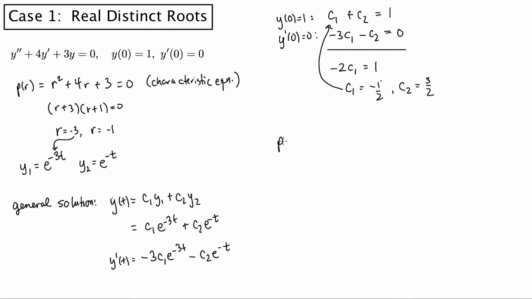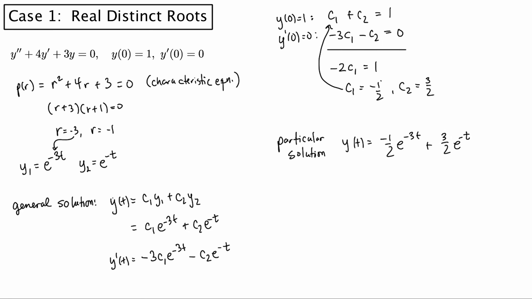So putting it all together then, our particular solution, which solves the IVP, is y of t equals our C1, which is -1/2, times e to the -3t, plus our C2, which is 3/2, times e to the -t.